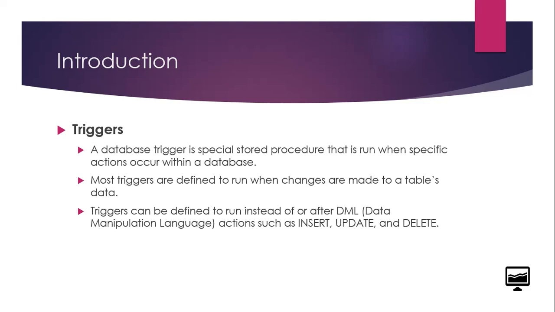That means if you want to record the changes made to the table before the insertion, then you have to create a before insert trigger. After the insertion, an after insert trigger. Before the update, a before update trigger. Likewise, if you want to record the changes after the update, then you have to create an after update trigger. Just like for delete, before delete and after delete.